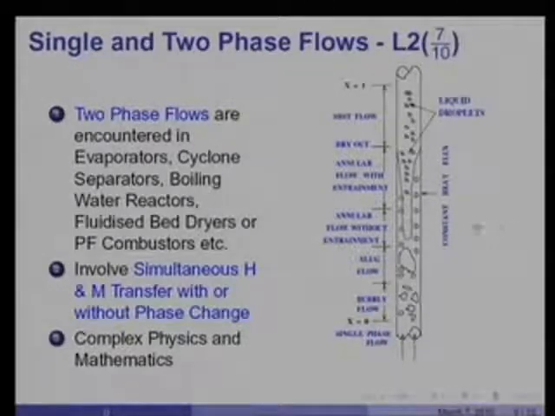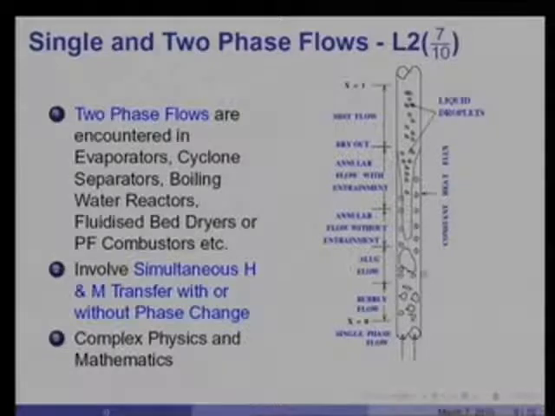Heat flux is falling on the surface. As a result of this, first nucleation sites would be established when the temperature of the wall increases, and small bubbles of vapor would begin to be formed, and they would penetrate inwards into the core of the flow. Such a zone is called the bubbly flow regime.